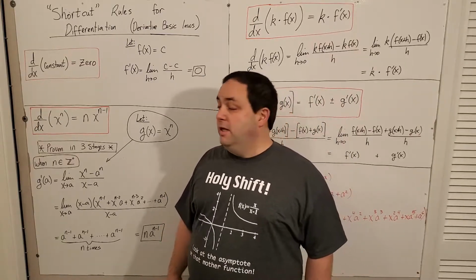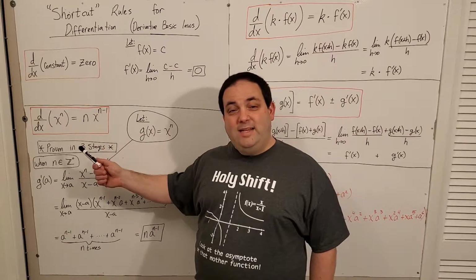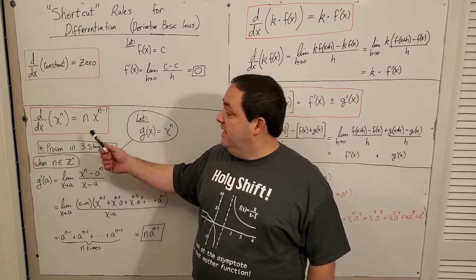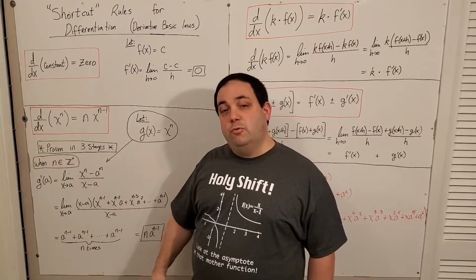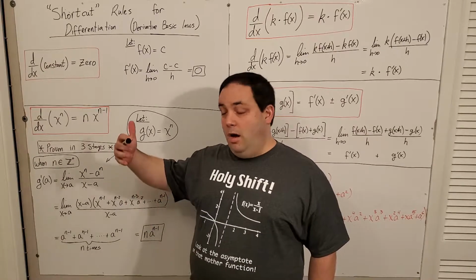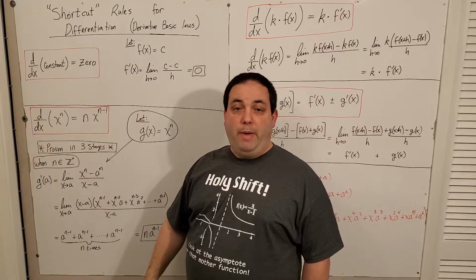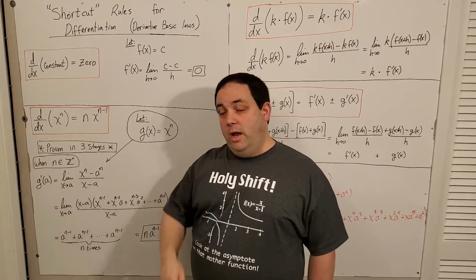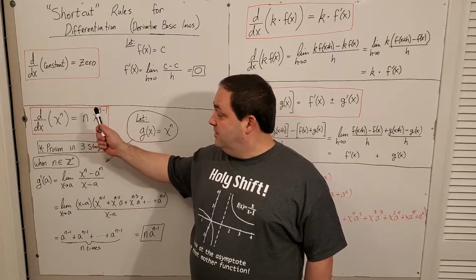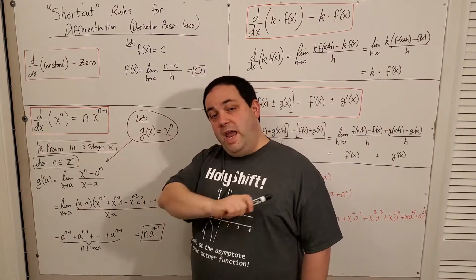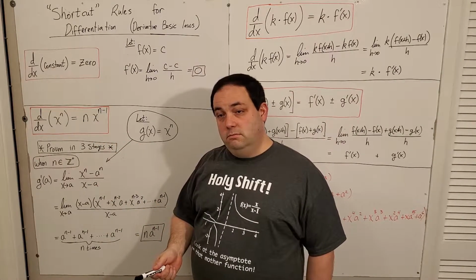Next, probably the most used basic derivative rule is the ability to take the derivative of some variable x raised to some number power, okay? Now, I do need to say this. This rule works for any value of n, okay?